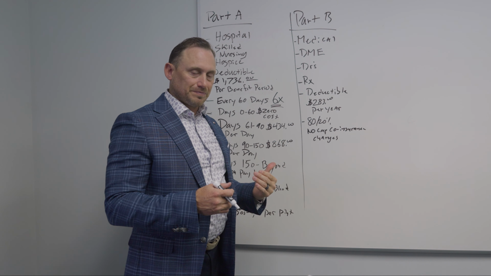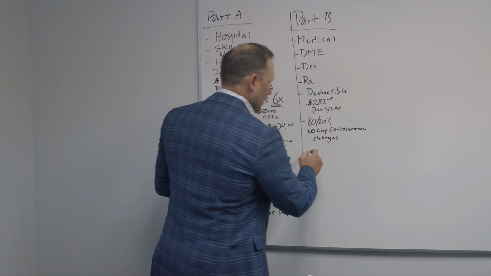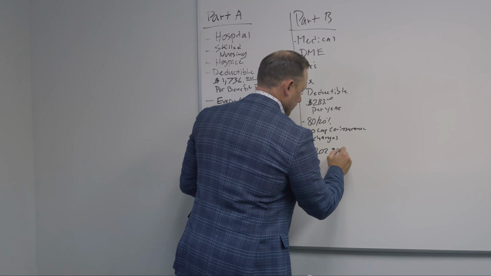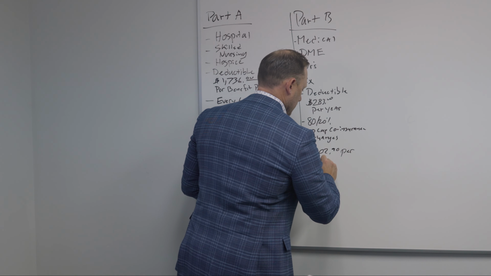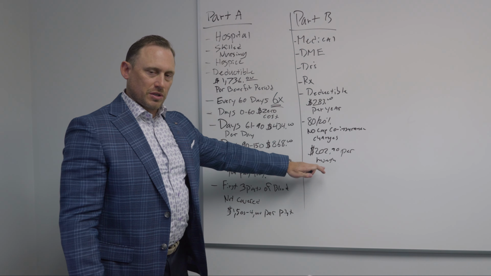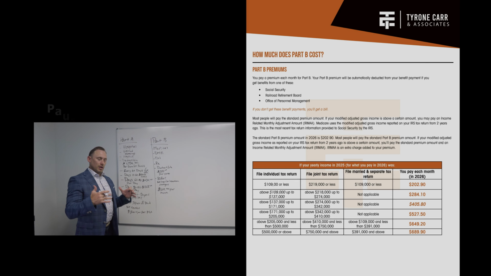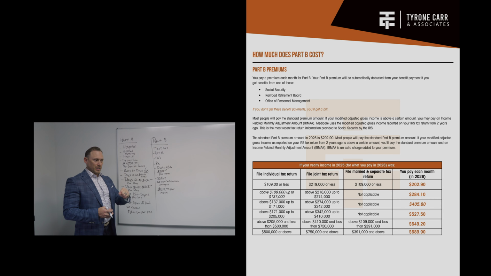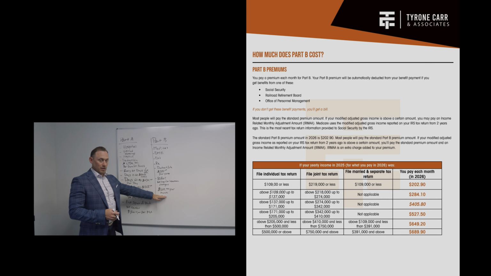The base amount is $202.90, and that's per month. Now, again, that baseline is a direct reflection of your income. So if in 2024 your income was $219,000 adjusted gross income, and adjusted gross means that after all your deductions you've netted below $219,000, then your baseline for a joint married couple is $202.90.